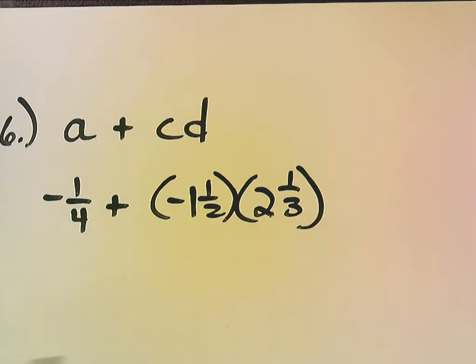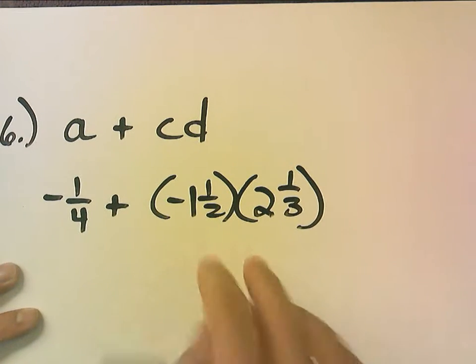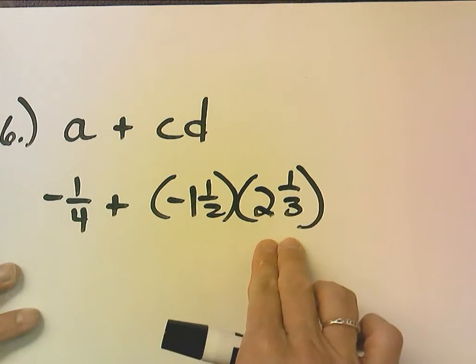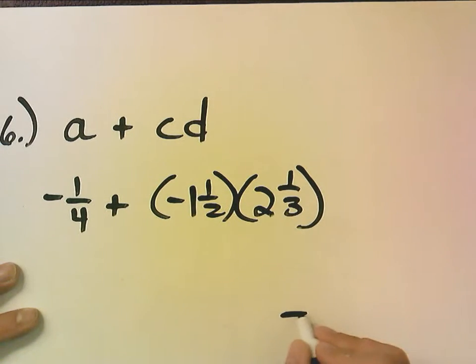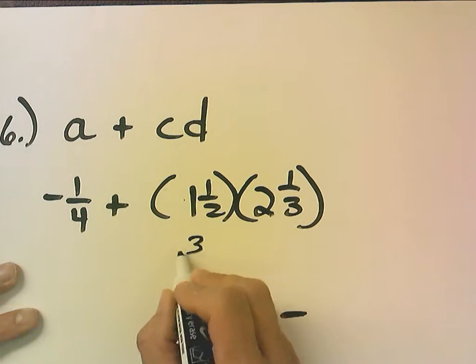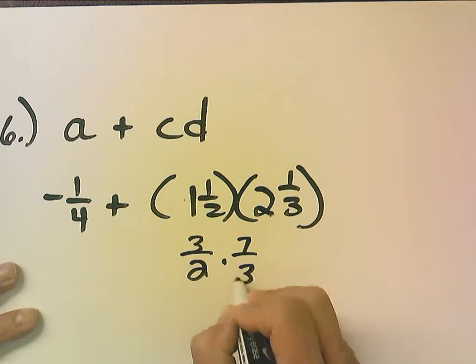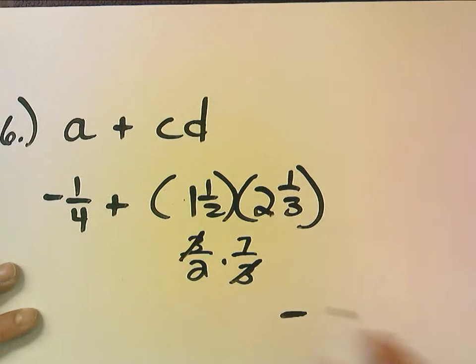So now I have basically 2 problems. First, I have to multiply this. So a negative times a positive is going to be a negative. So I'm going to get rid of that. I know it's negative. This is 3/2 times 7/3. So I can cross out the 3's, and that's -7/2.